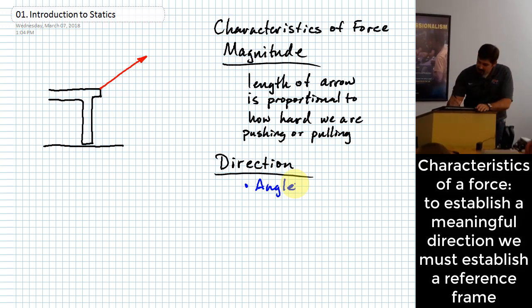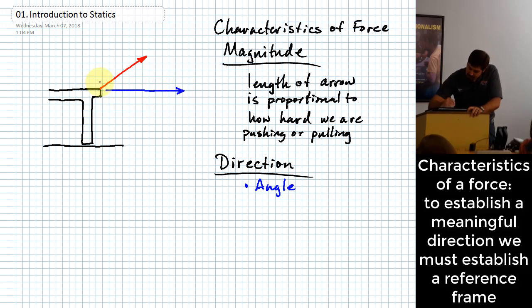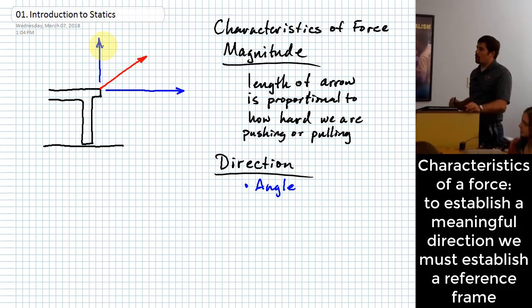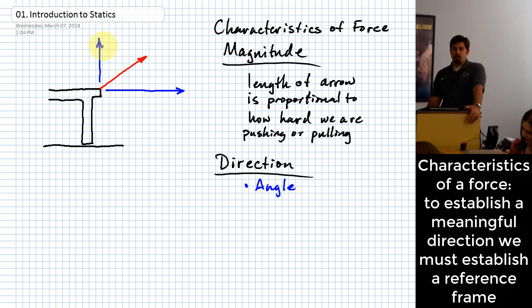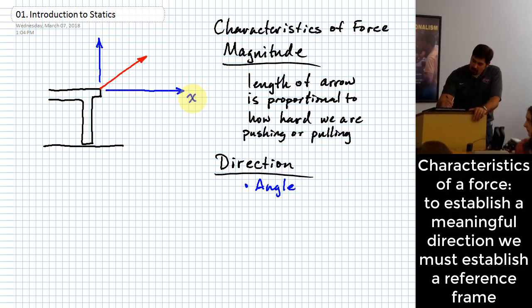It means that we need to establish a couple of directions that are already known. A lot of times, looking at this example of the table, we'll say, oh, look, the top of the table is kind of flat and long. Let's align one of our reference axes with that, because that way we have something that's easy to measure relative to in real life. So we set up our axes, maybe something like this, where we use an X and Y coordinate system.